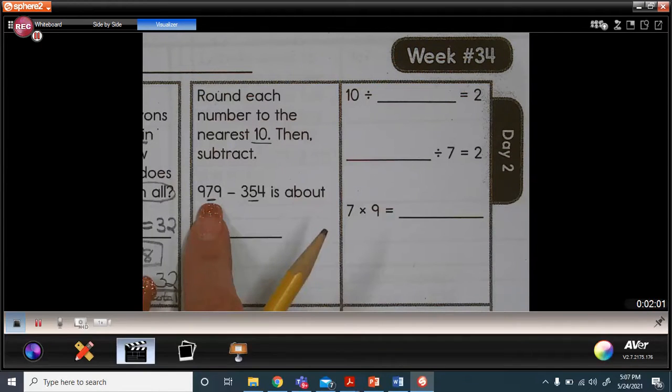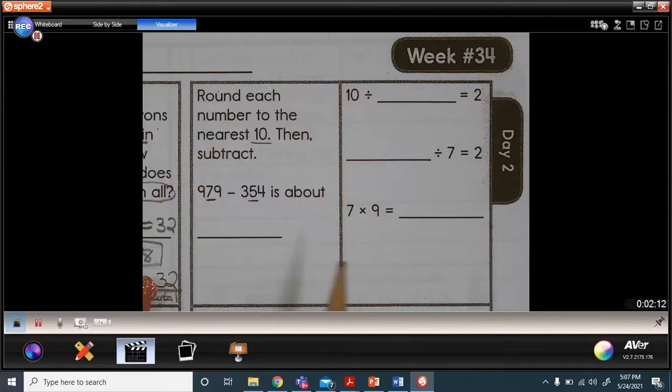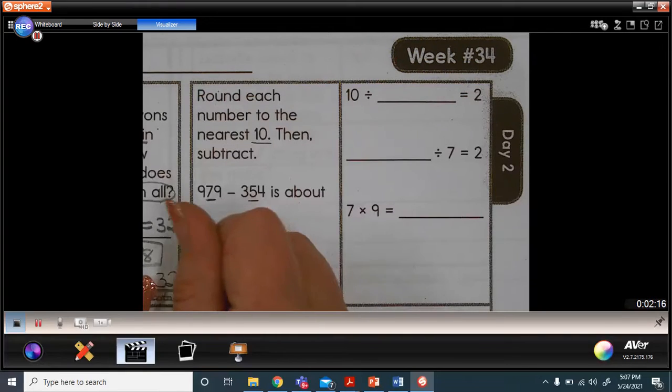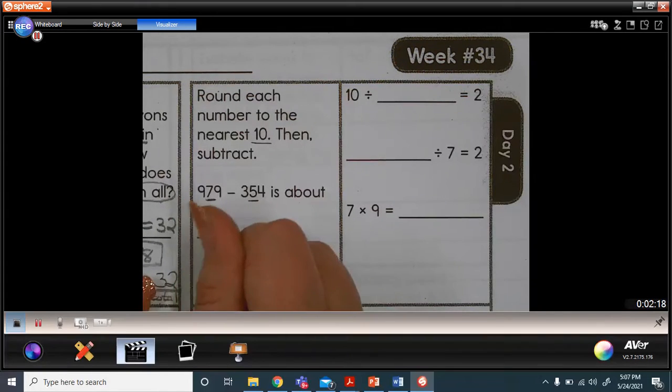Is it closer to 970 or 980? Right, since it's past the 5, or 975, we know that it's 1 away from 980. So this is going to round to 980.